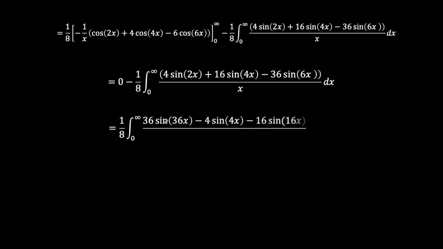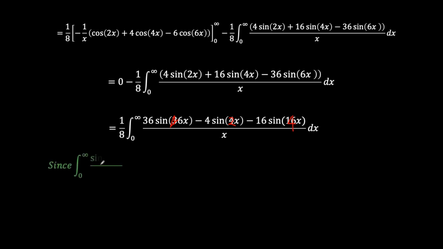Well, this becomes positive, so we have 36 sine 6x minus 4 sine 2x and then minus 16 sine 4x. Many apologies for this oversight.